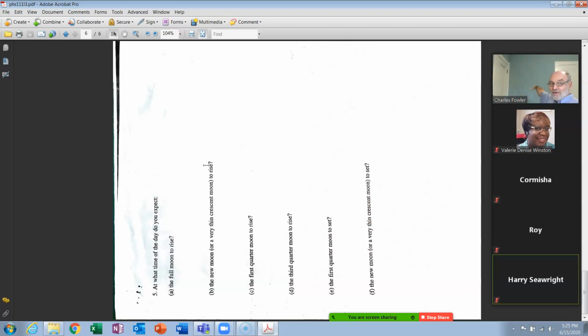If it rose at 12 noon, what time would it set? It's only up about 12 hours. It's not midnight? I thought that would be midnight too. The third quarter moon would rise at midnight, but the first quarter moon would set at midnight. Okay, so those two are the same.